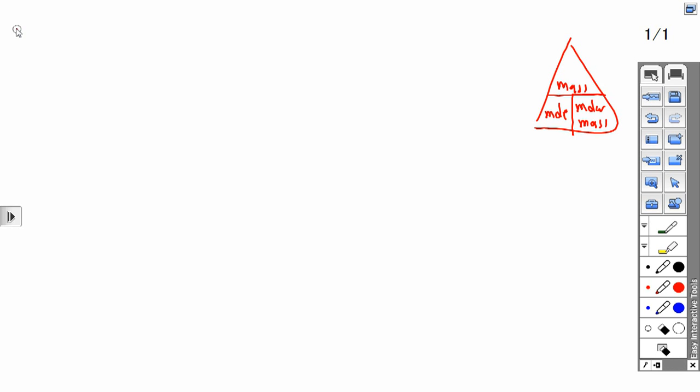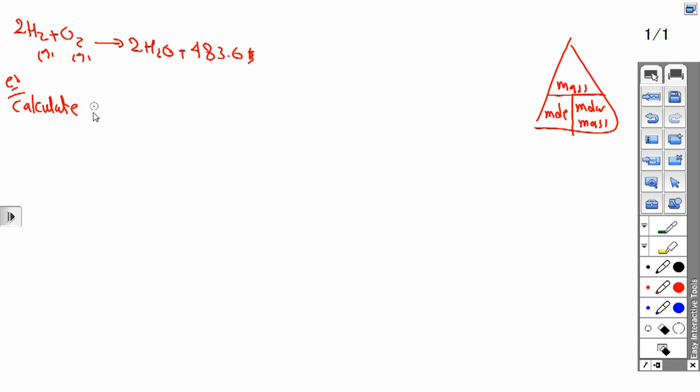If the reaction, for example, is 2H2 plus O2 produce 2H2O plus 483.6, calculate the enthalpy change for 9 gram H2O.